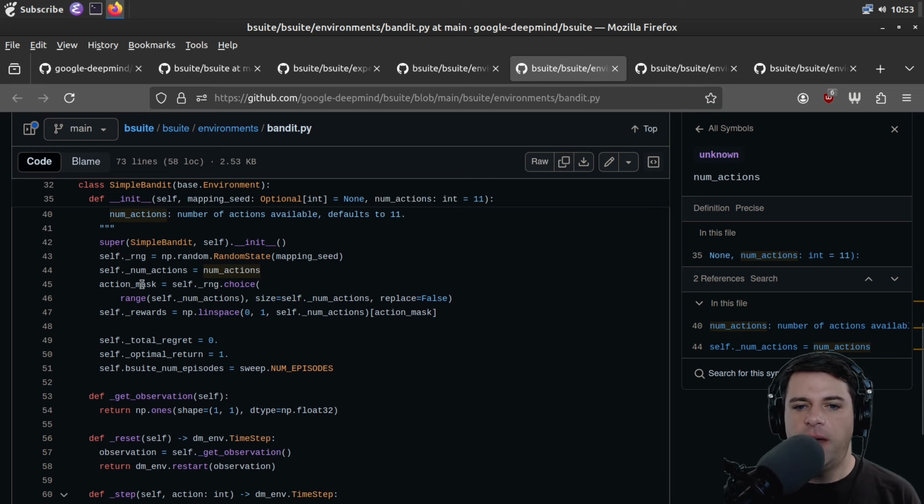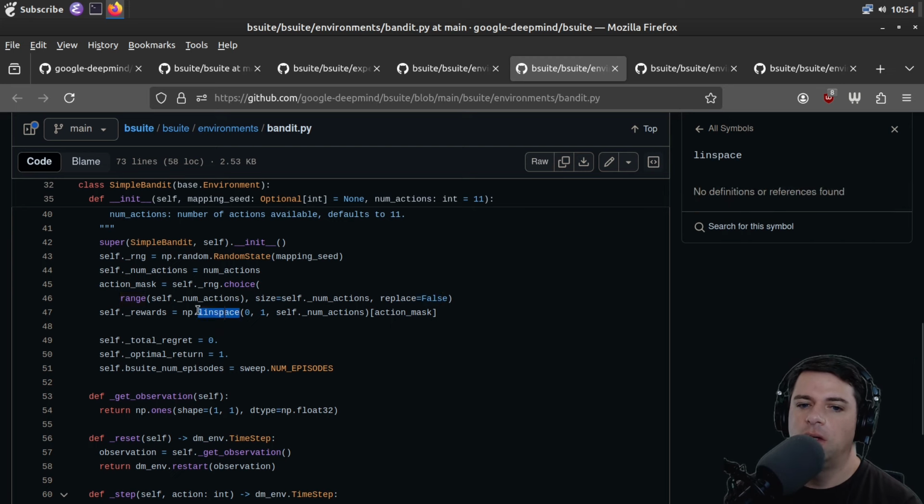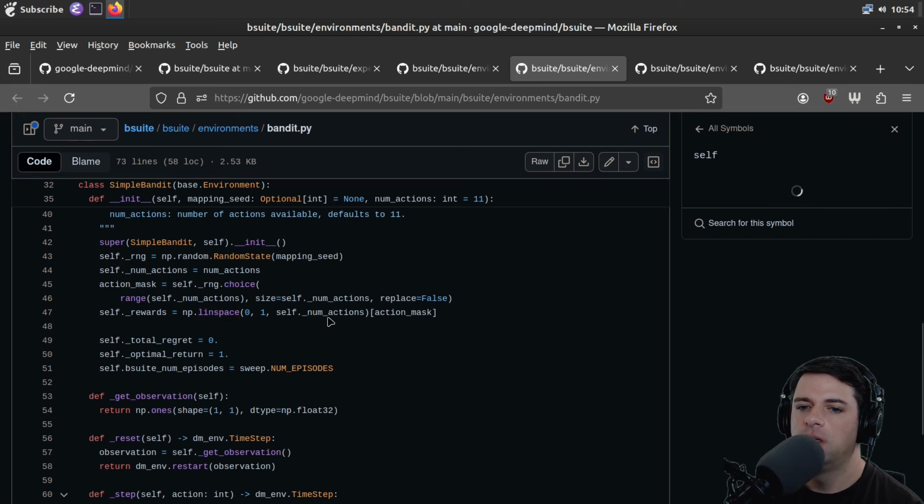And there's some action mask, which is we're going to take a choice of a number in the range of 0 to 11. And the size, I assume, of the sample is the number of actions. And we're sampling without replacement. And then the rewards are, I'm not really sure what linspace is, but I guess some sort of linear progression from 0 to 1.